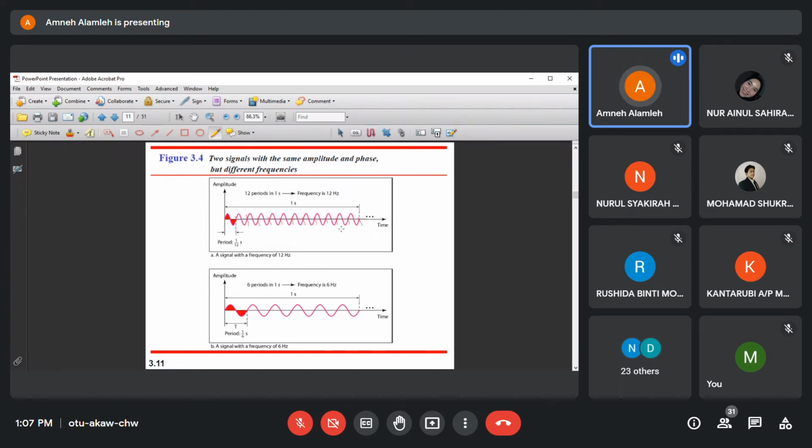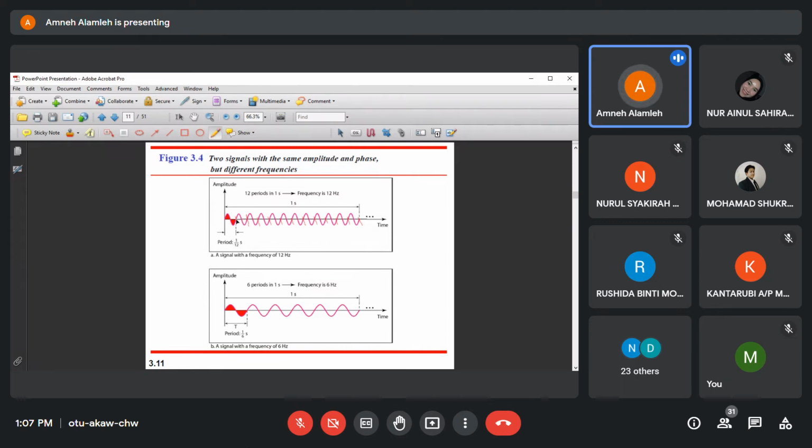We have 12 waves in the signal per 1 second. So the period is 1 over 12 second. That's how we calculate the period. It's 1 over the frequency.